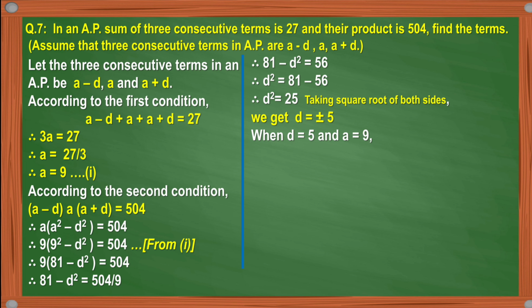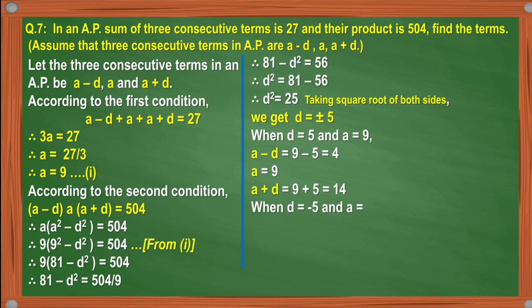So when d equals 5 and a equals 9, your first term is a minus d, so 9 minus 5 is 4. The second term is a, which will be 9. a plus d is 9 plus 5, equal to 14. Now when d equals minus 5, minus minus will become plus.